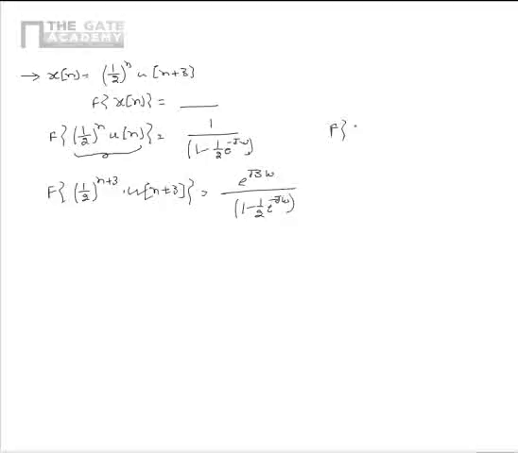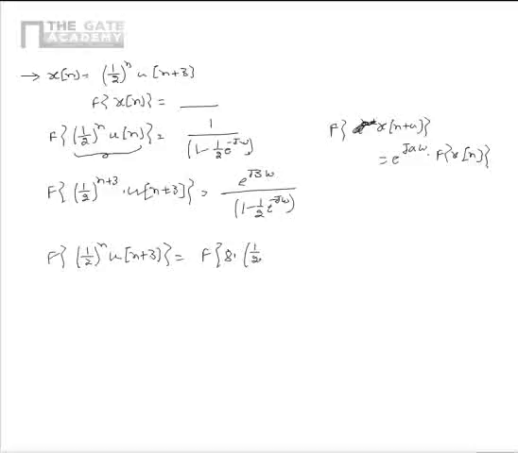This is because the Fourier transform of x[n+a] is equal to e^(jaω) multiplied by the Fourier transform of x[n]. But we have to find the Fourier transform of (1/2)^n u[n+3], which can be simplified as the Fourier transform of 8 into (1/2)^(n+3) u[n+3].